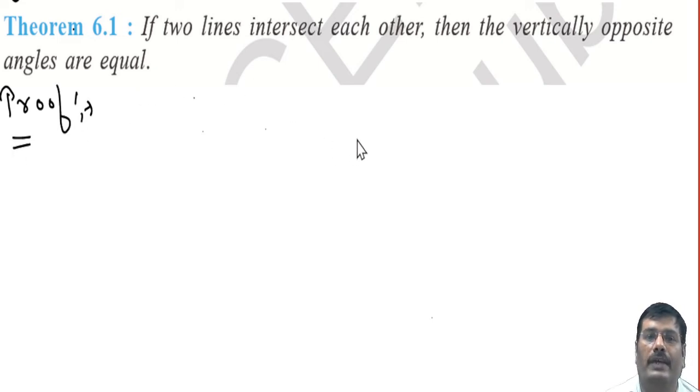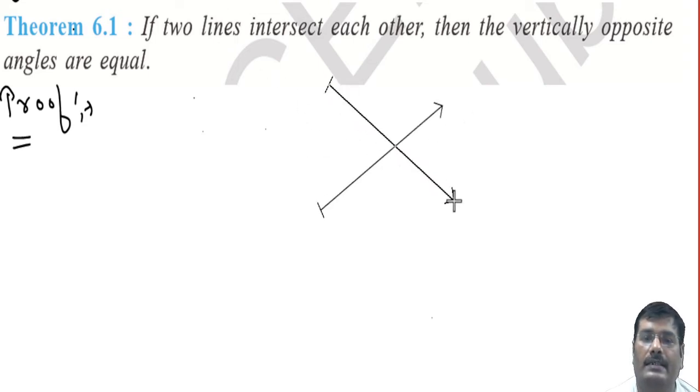First of all, we have to make a straight line. Suppose that here is one straight line, and here is another straight line. We have to name them: A, B, C, D. They intersect. So what is given?